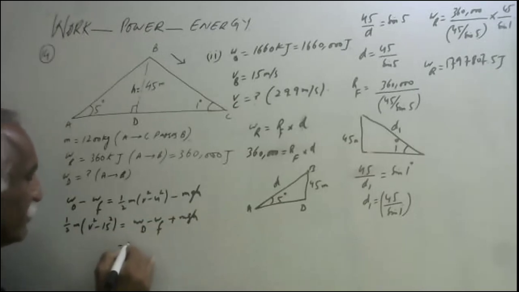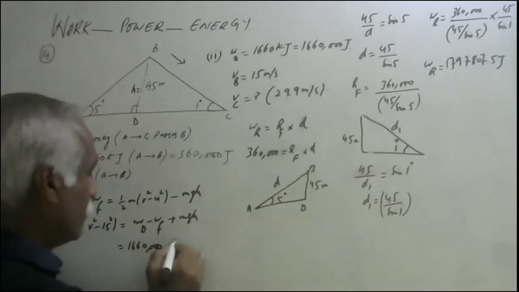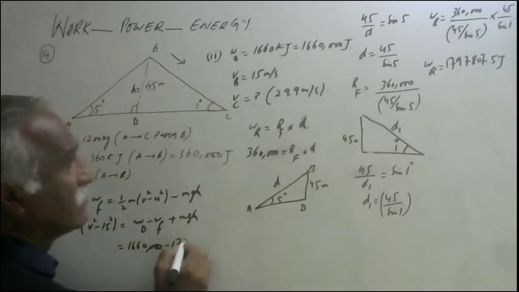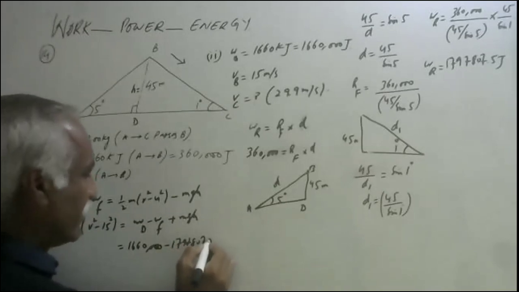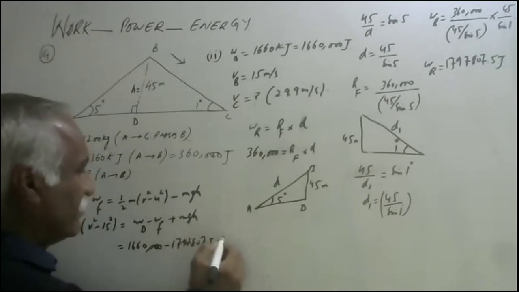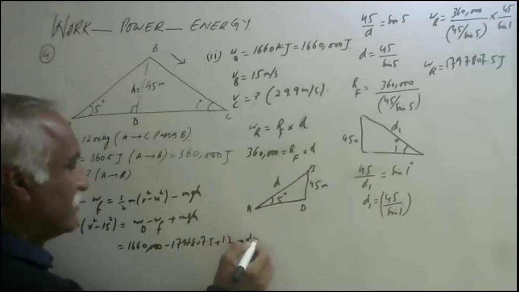Work done by driving force is 16000 minus work done by the frictional force, which is 1797807.5, plus m, that is mass of the car 1200, g is 10, and the height is 45.